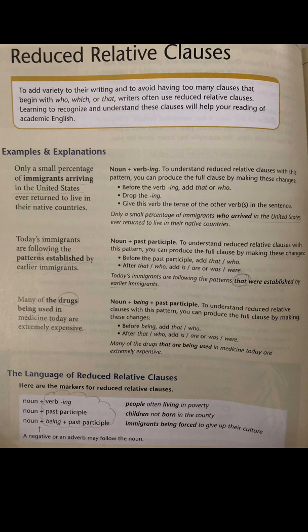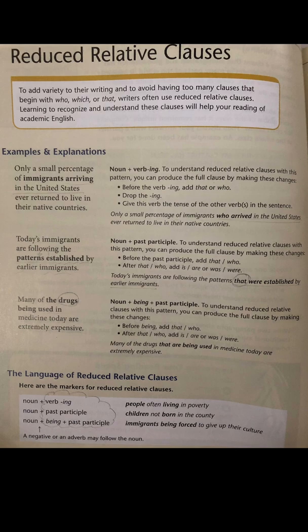So that's one of those reduced relative clauses. And they're saying to understand it, you can add that relative clause pronoun. Okay, they're saying drop the ing. Only a small percentage of immigrants who arrived in the United States.